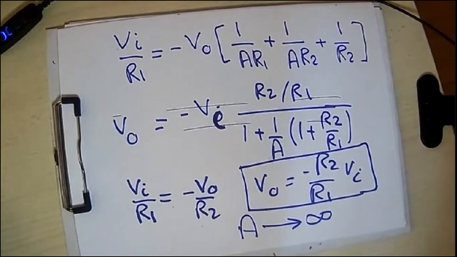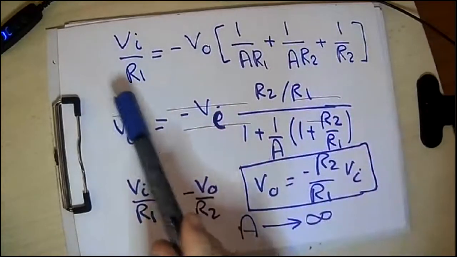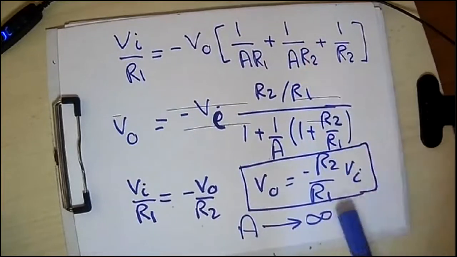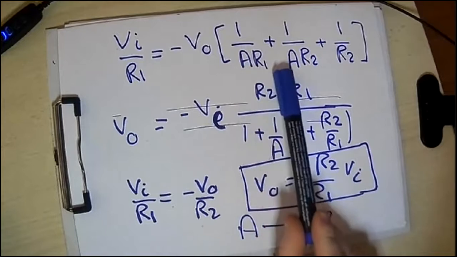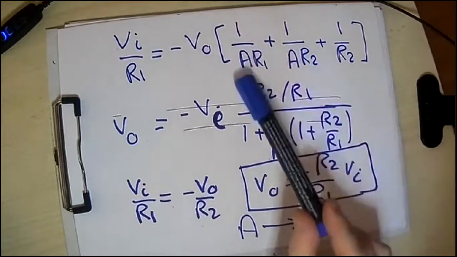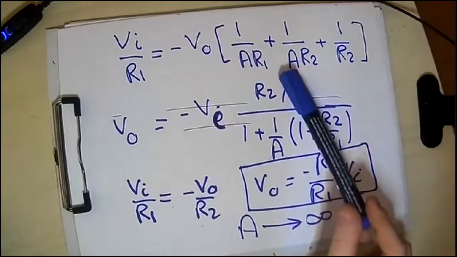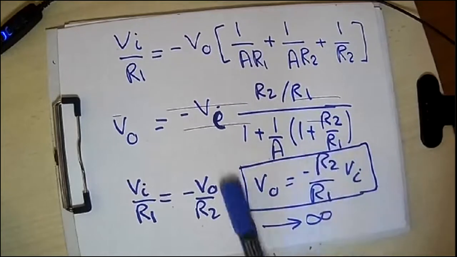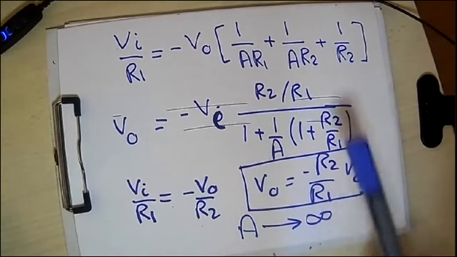Here you can understand the difference between the realistic or finite open loop effect and the infinite open loop effect. Whenever this A is larger, the impact of the terms 1 over A R1 and 1 over A R2 is very small, and then you can neglect the effect of these two terms and have this closed formula. Of course, this formula is much easier than this one.